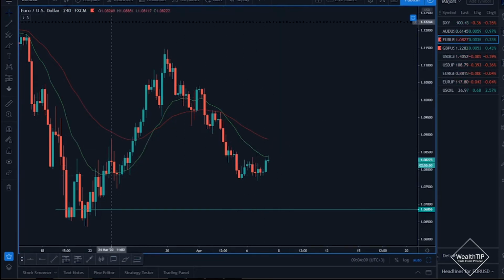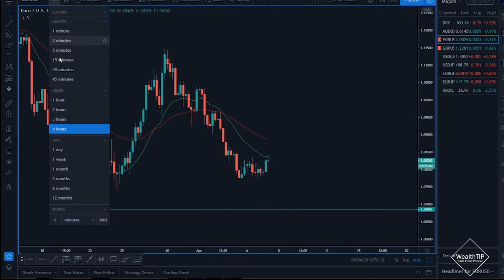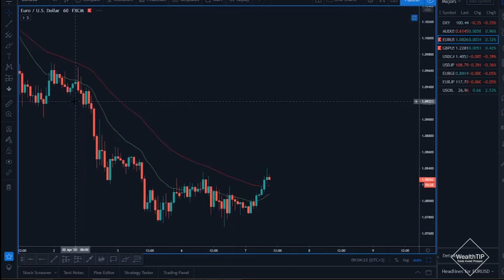Total risk on this position is 40 pips each, so 40 pips on each position that was taken, and you can see that the risk to reward is fairly positive in that aspect. We're going to have to wait and see how this position plays out. For now, I'll just keep you guys updated with anything that happens to the market.